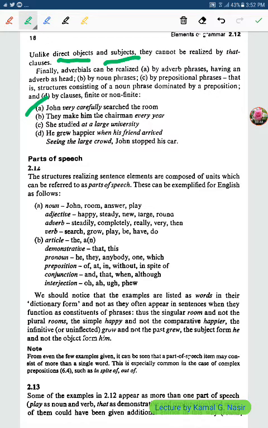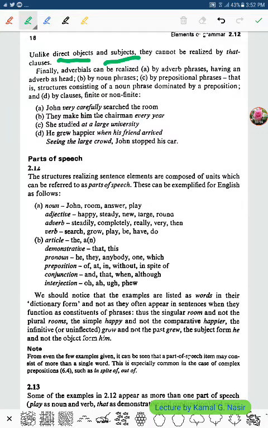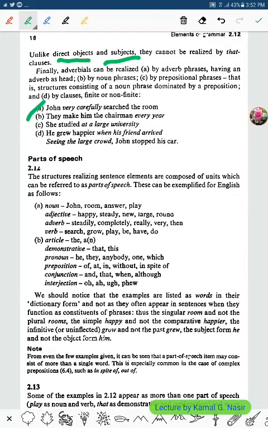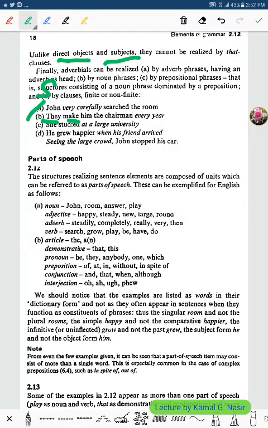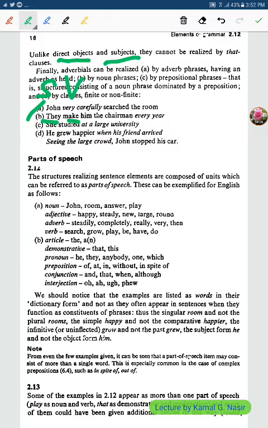They made him the chairman every year. By the way, carefully is an adverb of process. They is the subject. Make, not made, is the verb. Him is the direct object.